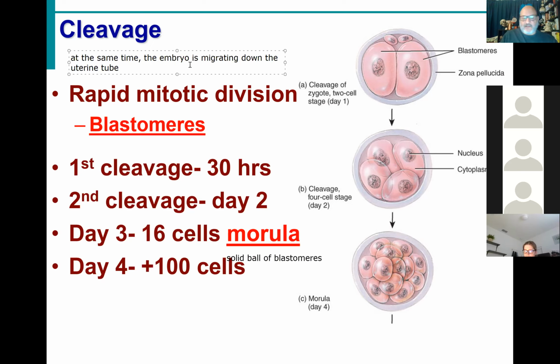Right? Those cilia and peristaltic contractions are moving it towards the uterus.